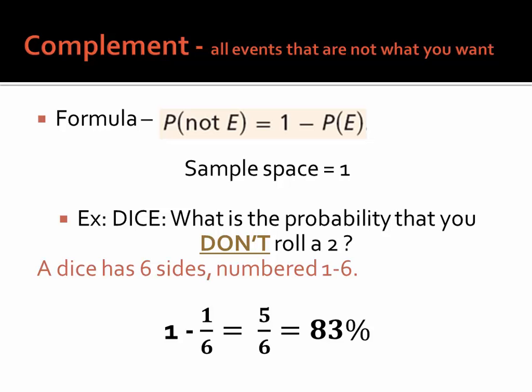How many sides has 2 on it? 1. Okay, so 1 out of 6 would be me rolling a 2. The complement would be 1 minus what I want to happen, okay? And that would be 5 over 6, or 83%. The other class said, well, can't you just think of it as there's 6 sides?